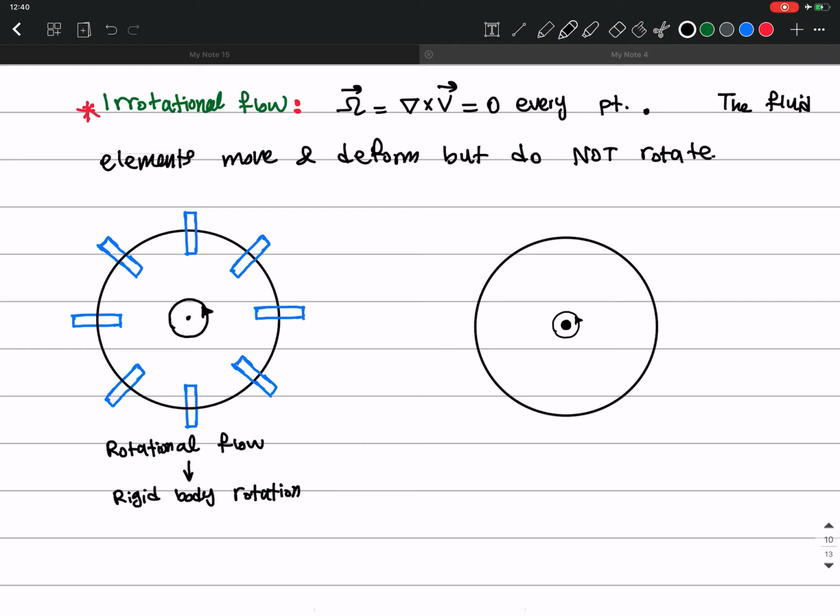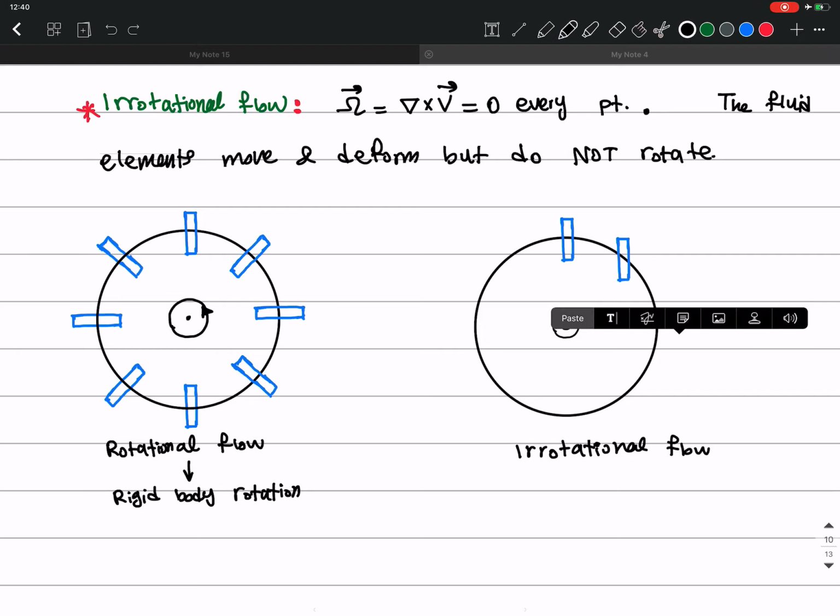And what happens is, if we put this fluid element here, and we have an irrotational flow instead of a rotational flow, how is it going to move? In an irrotational flow we don't have any rigid body rotation, so it's going to move like this. It will not have any rotation around its own axis.